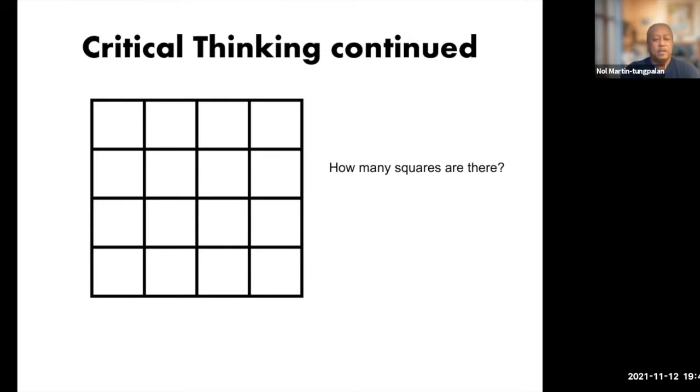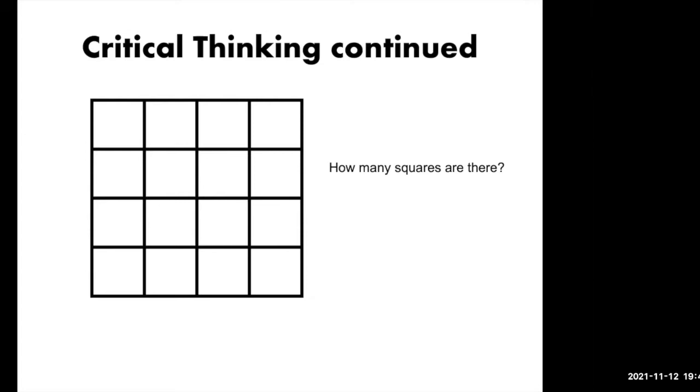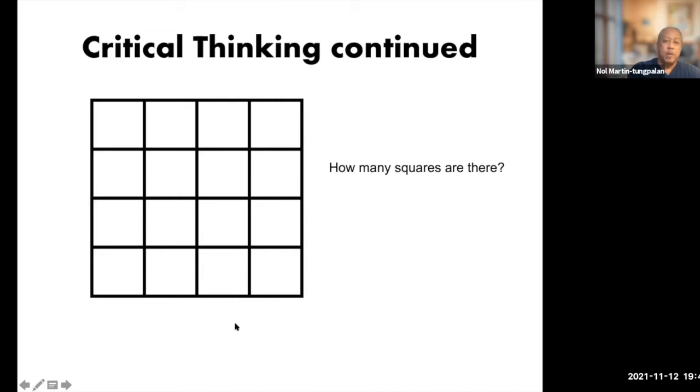So again, it's 30, unless I missed something, 30 squares total. Does everyone see the 30? How you get that again? Okay, so we have the bigger square. This entire thing is 1. Then we do the individual smaller squares, so there are 4 here, 4 here. That means for this entire thing, there's 16.